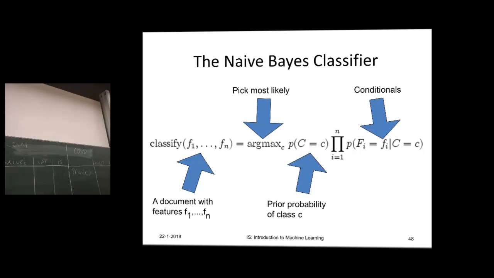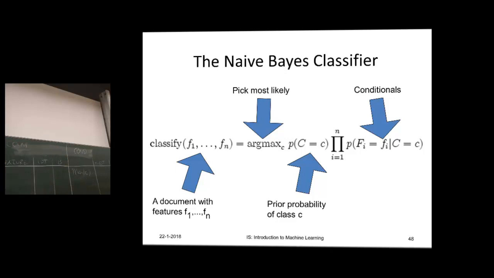So if I want to classify a document with features f1 to fn, then I take the most likely, so the one with the highest probability, where the prior probability of the class is calculated by simply counting how many of the documents in my collection are spam and how many are ham, and then multiplying it with all the conditional probabilities.